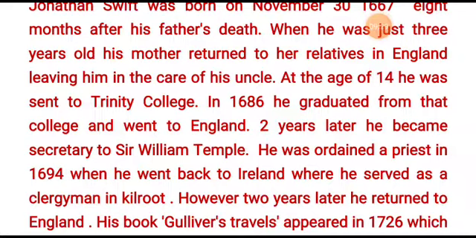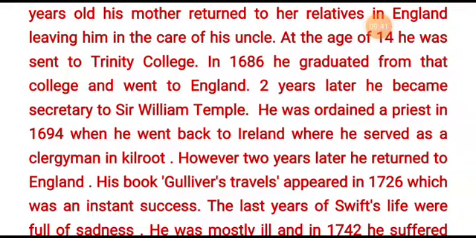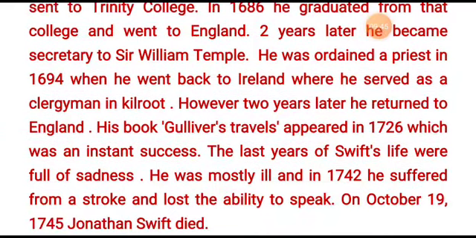He was ordained a priest in 1694 when he went back to Ireland, where he served as a clergyman in Kilroot. However, 2 years later, he returned to England. His book Gulliver's Travels appeared in 1726, which was an instant success. The last years of Swift's life were full of sadness. He was mostly ill, and in 1742 he suffered from a stroke and lost the ability to speak. On October 19, 1745, Jonathan Swift died.